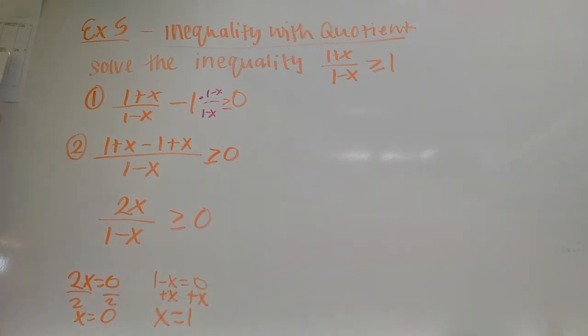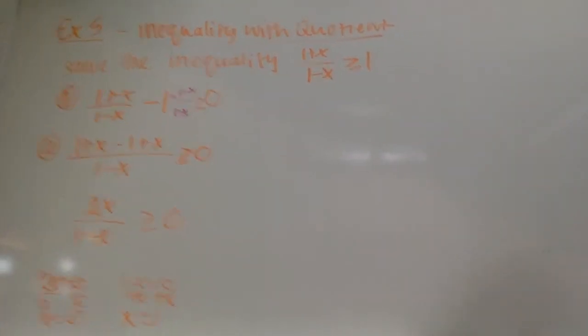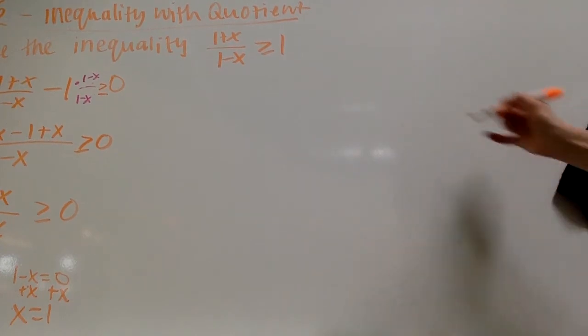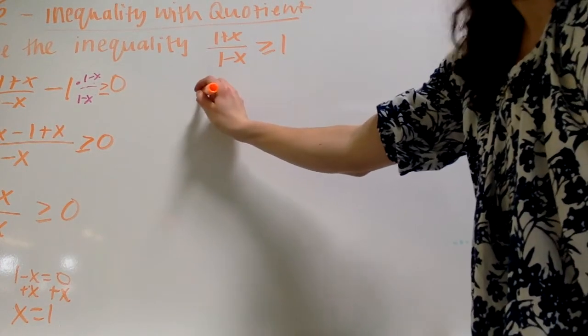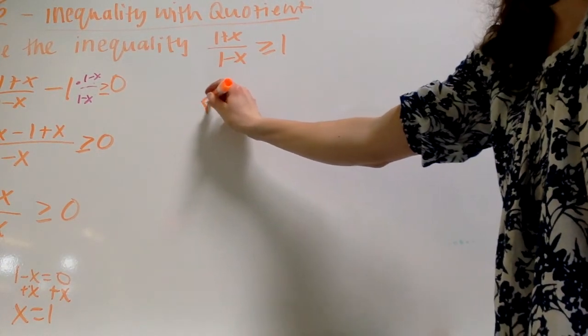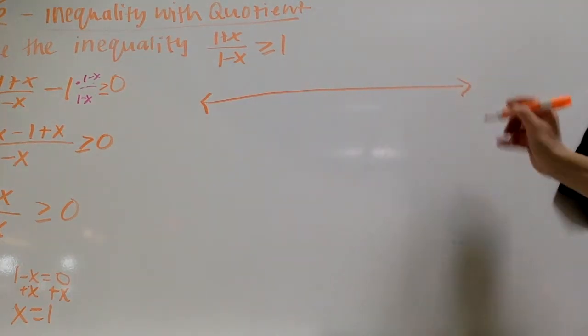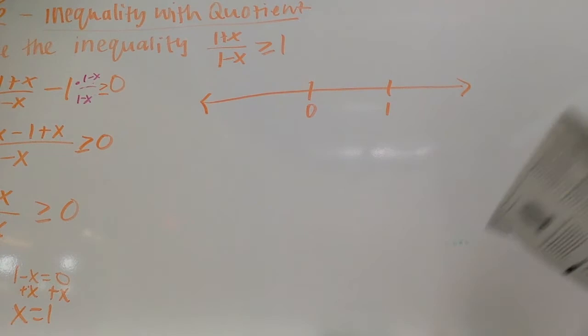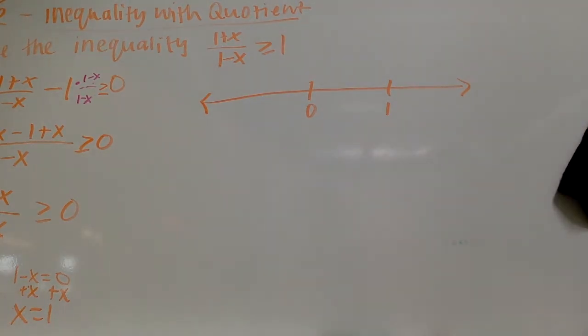Okay, those are our two values, our two intervals. So let's go ahead and make a diagram. So I'm going to do it right here. 0, 1. Okay.